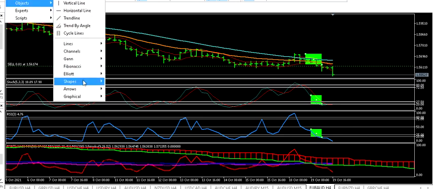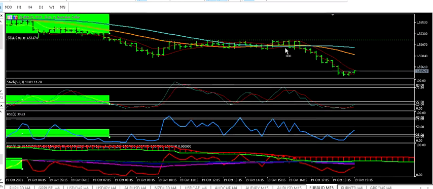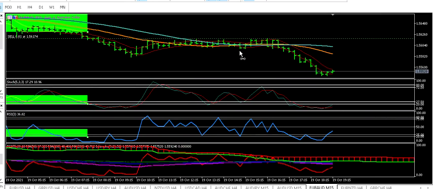Another trigger to sell is the red line popping below the moving averages and Ichimoku. So that's that for Euro AUD. If you go to a smaller time frame, you see what price has done. Price sold. Trade is in profit.